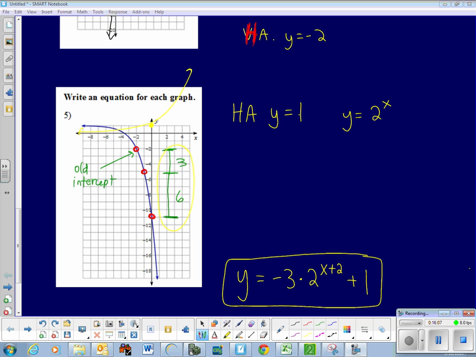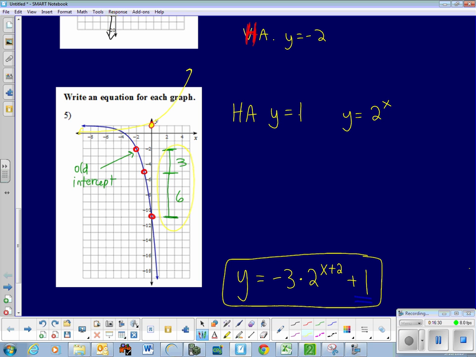If I tell you that that red dot was my old intercept, let's talk about how we got from the original intercept, the old one, to the new one. Okay, so let's work our way backwards. That point, I know it's moved up 1. That's because of the asymptote.